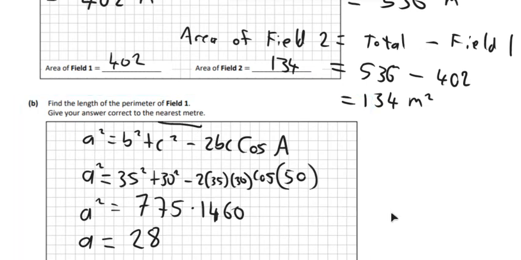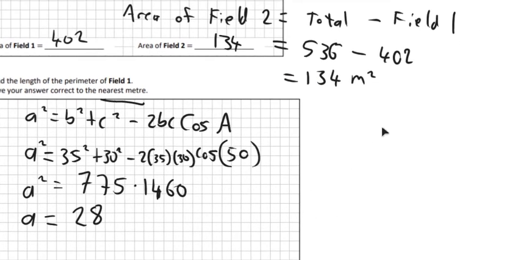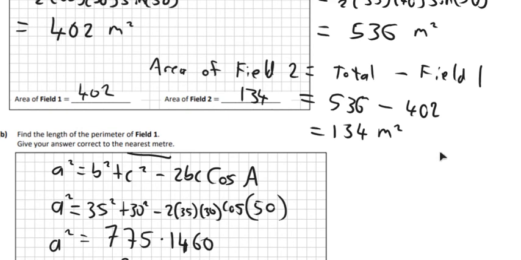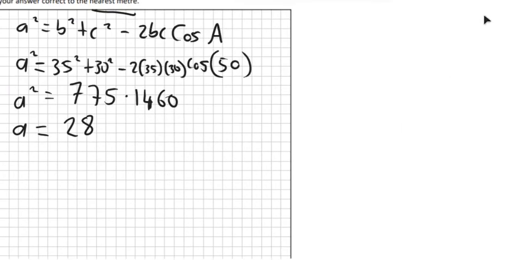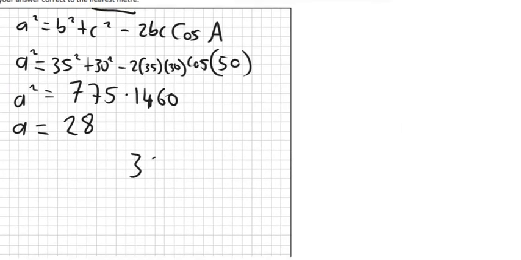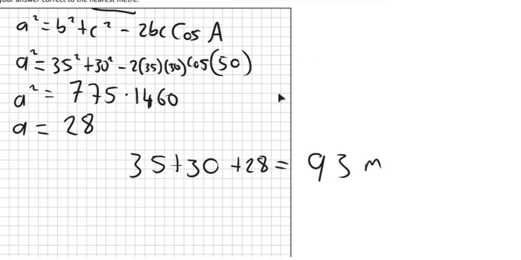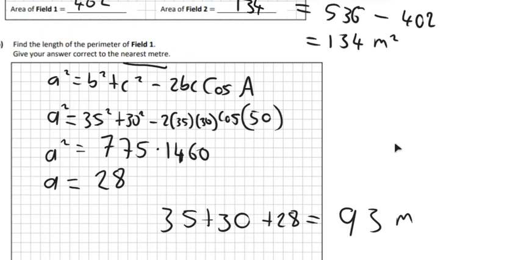So 28 is the length of this side here. Then you have the three sides of field 1, so 35 plus 30 plus 28, and that's 93. So 93 meters is the perimeter of field 1.